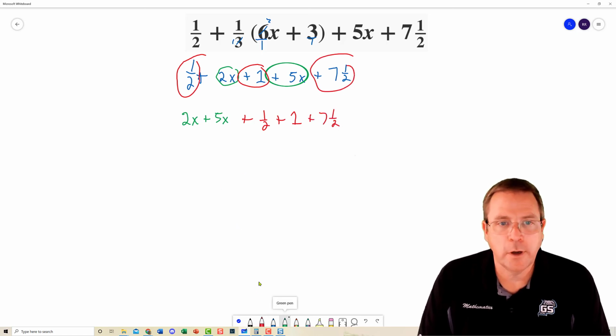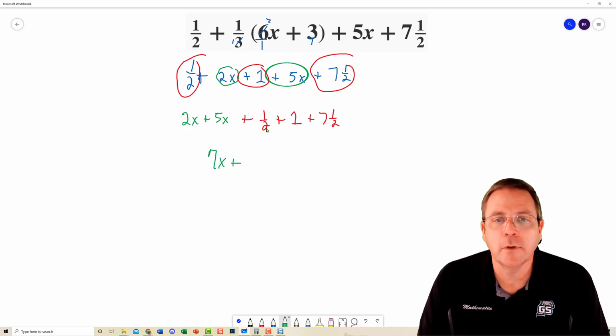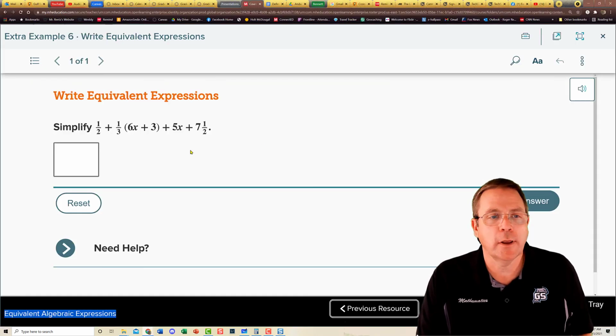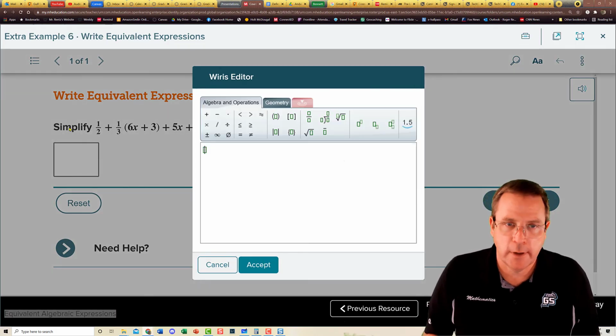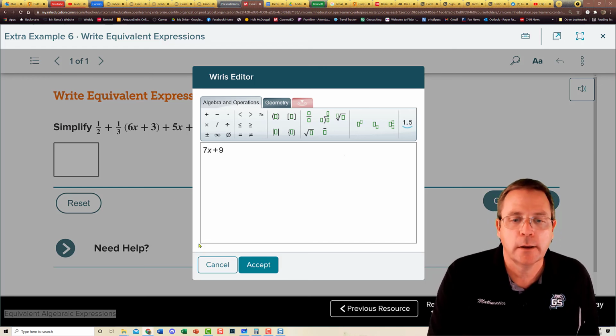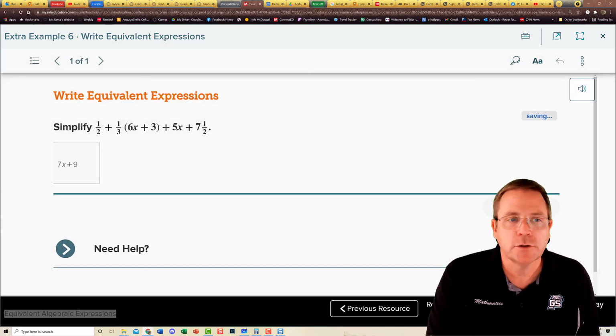From there, we can say 2x plus 5x, that's 7x, plus, well, the 1/2 plus the 7/2 is 8, plus 1 is going to be 9, so 7x plus 9, that should be my final answer. Come over here, let's type it in, 7x plus 9, accept, and check.